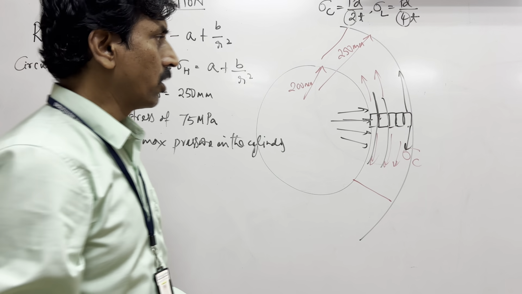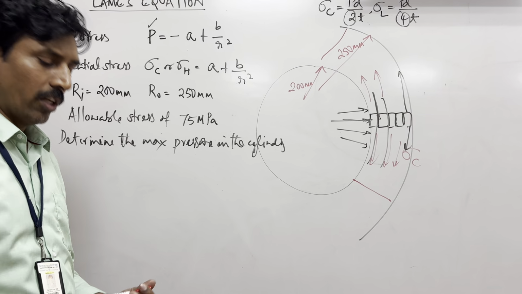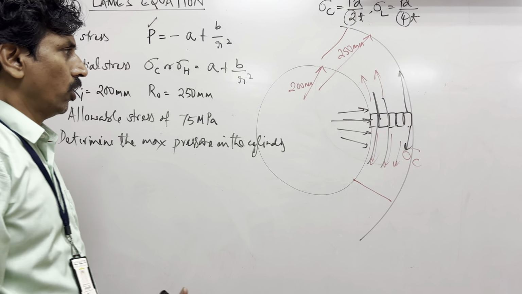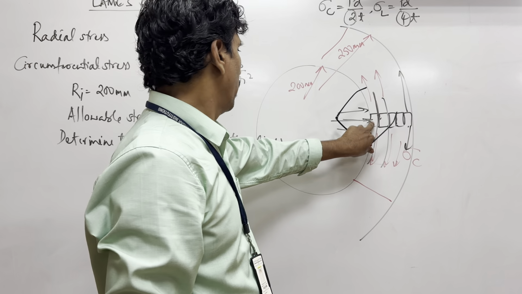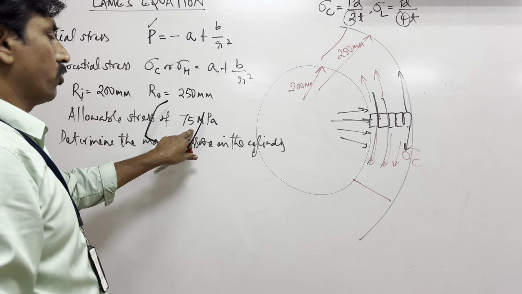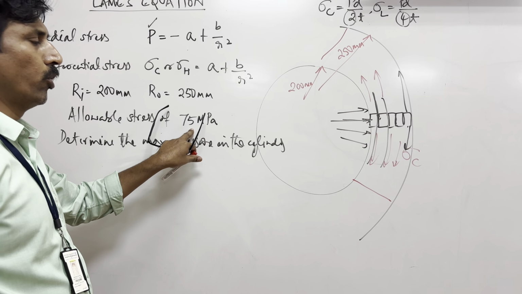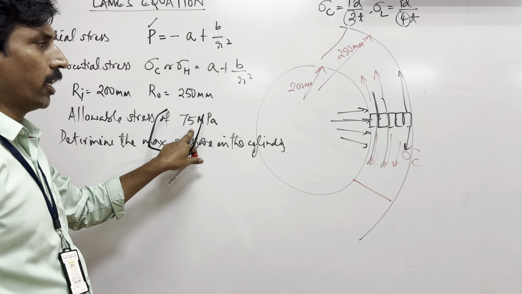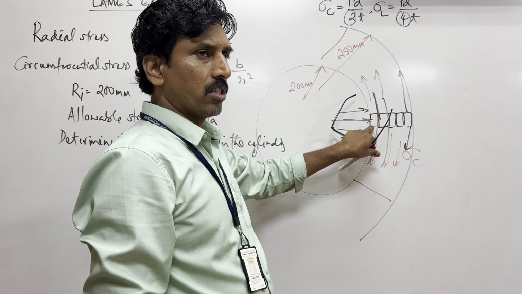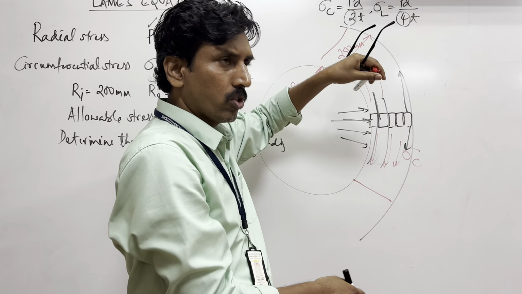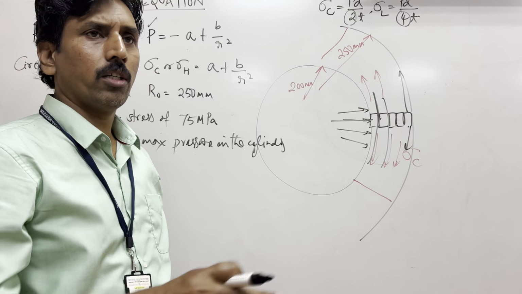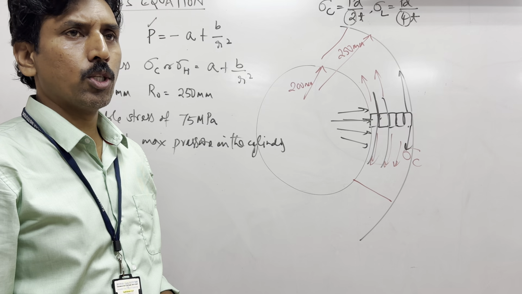So circumferential stress is the one which makes the cylinders fail. Therefore, when the circumferential stress becomes equal to 75 MPa, the cylinder is going to fail. And usually this happens at the inside of the cylinder, because the inner walls stretch more than the outer walls. So this is some logic that you need to have before actually solving the problem.